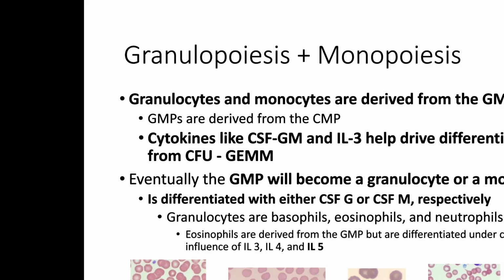Again, your granulocytes are going to be your basophils, eosinophils, and neutrophils. Eosinophils are also derived from the GMP, but they're under the influence of interleukin 5, as well as interleukin 3 and interleukin 4.